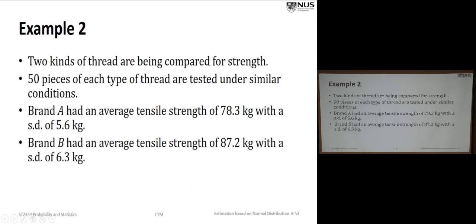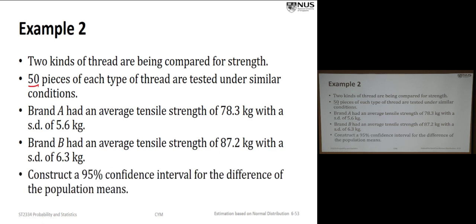All right, so I apply to this example. So I have two samples, each one is quite big, 50 for N1, for sample 1 and 50 for sample 2. So this is XA bar, SA, XB bar and SB. And we want 95% confidence for the difference of population means. I did not say which is which.